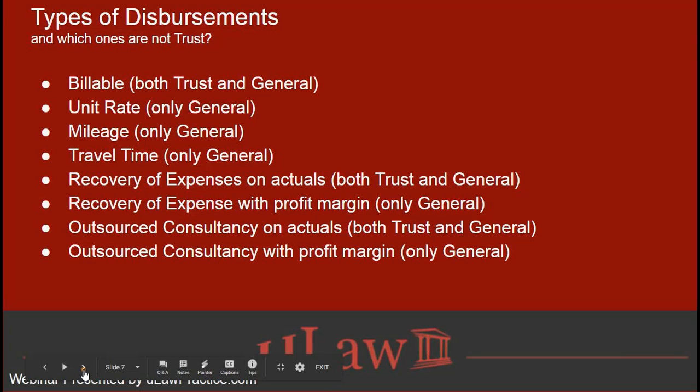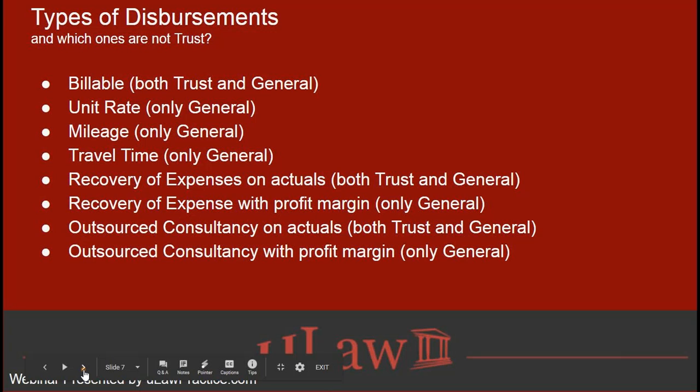And a quick segue, specifically talking about disbursements. We spoke about this, why it's important for you to also talk about this in your engagement or retainer letter: clearly illustrating the type of disbursements that typically may be involved in that file, right?